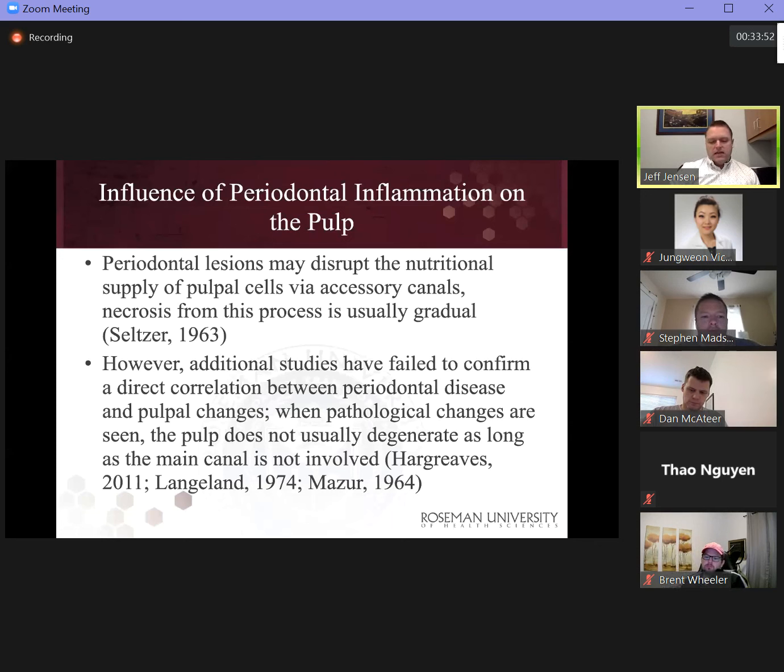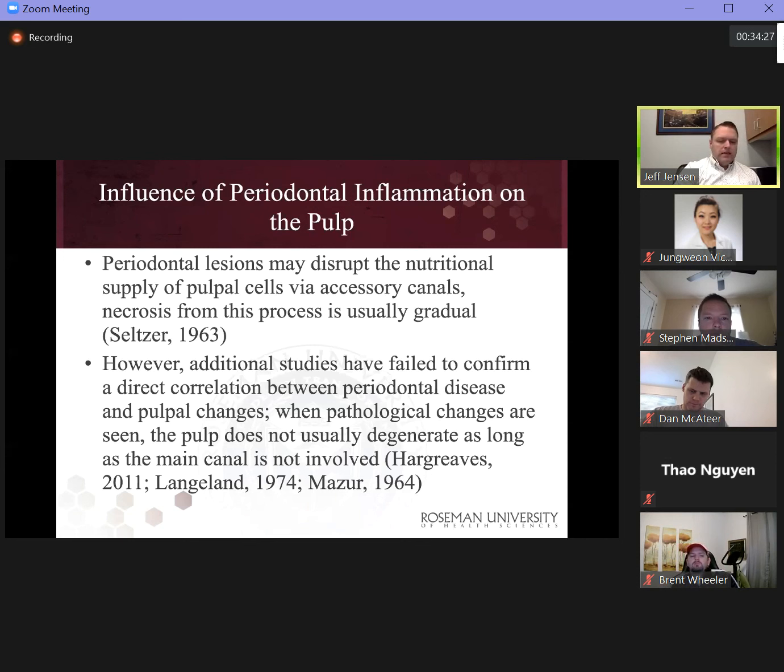What they're saying here is that as periodontitis progresses down the root and affects the root surface of the tooth, occasionally it can cause some necrosis of these accessory canals, which then disrupts some of the nutritional supply of the pulpal cells. Now, keep in mind, the main source of nutrition for the pulp and nerve of the tooth is through the apical foramen, through that major vascular bundle.